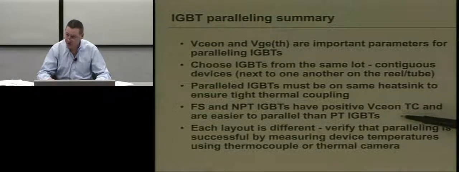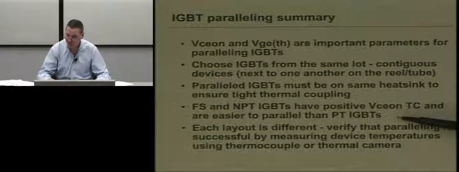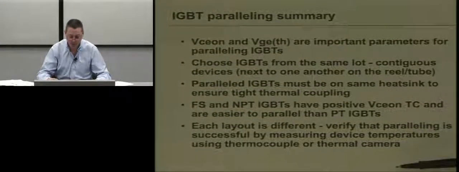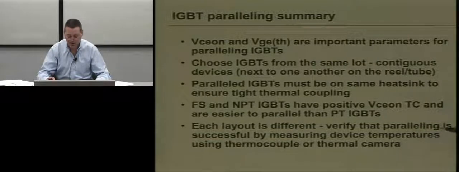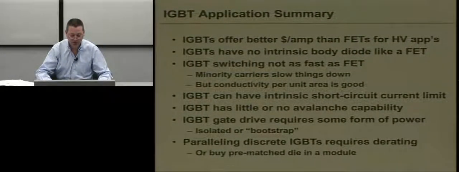Not every technology shares well because they may not have the positive temperature coefficient. In other words, you have current hogging rather than current sharing. And of course, layout is different, and you can verify all of that with an infrared camera when you look at it under operation. So finally, a summary of what we talked about here.